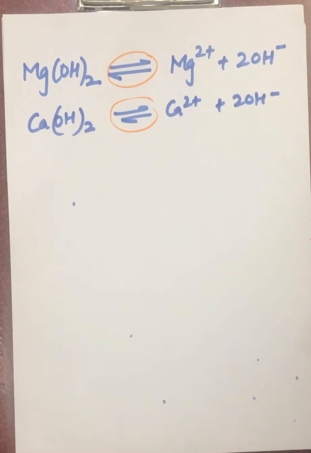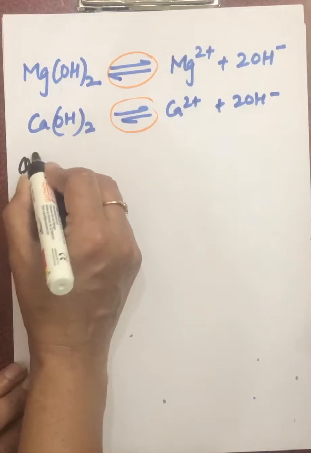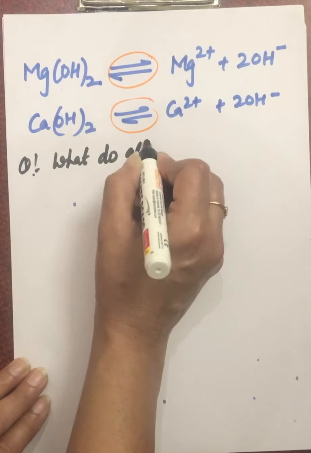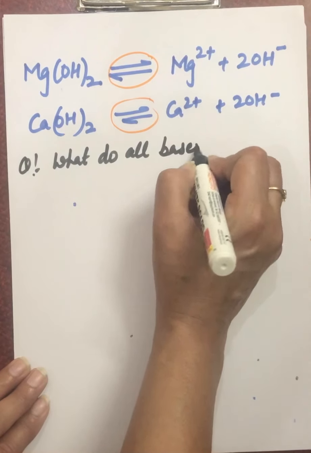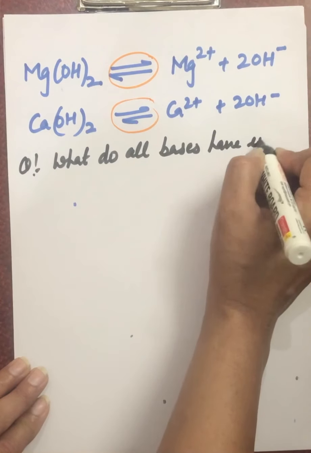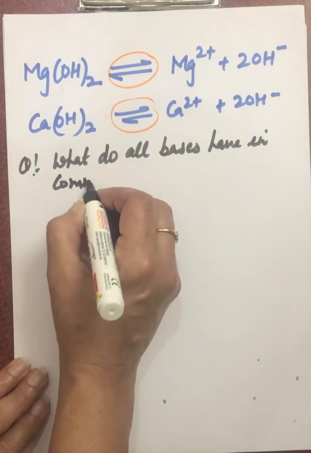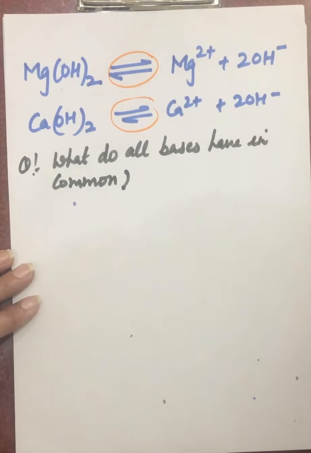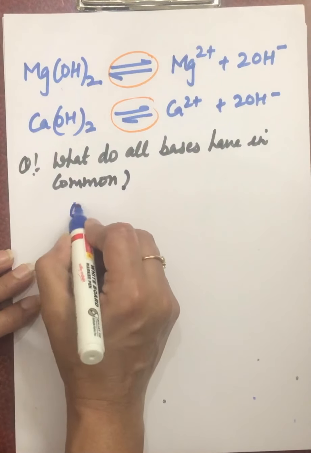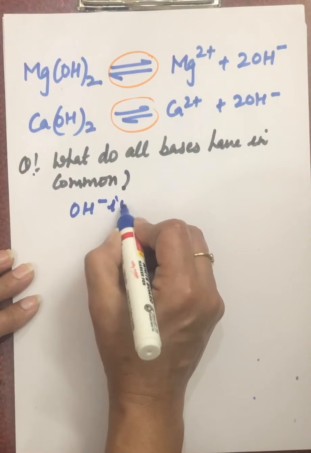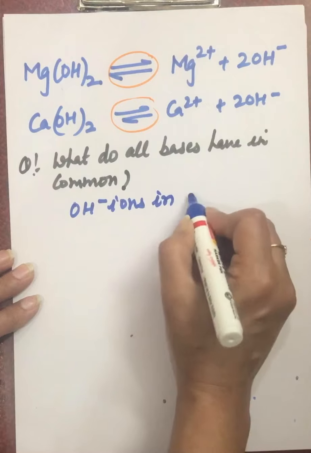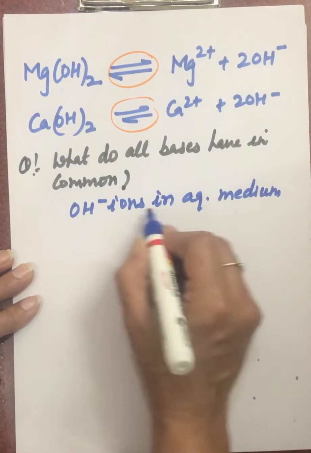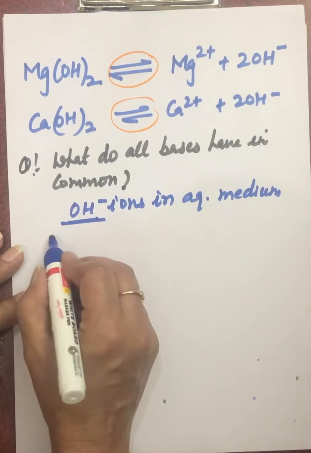Now next question here we have is, what do all bases have in common? Like all acids have H plus ions in common, all bases, what they have common in them? That all these produce hydroxyl ions in aqueous medium. So this is common in all bases.